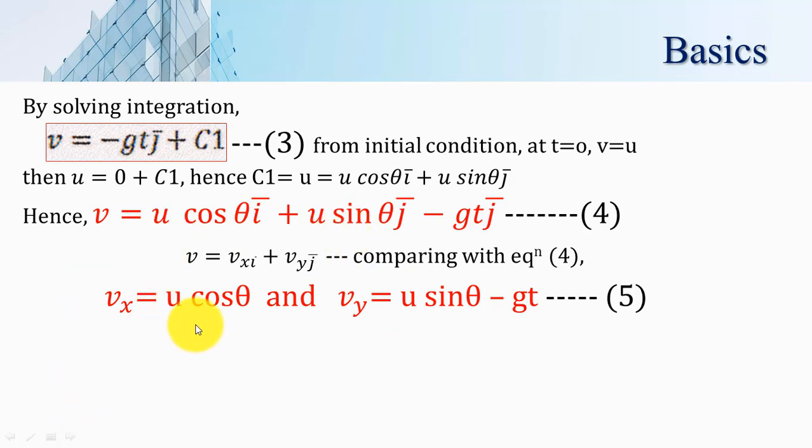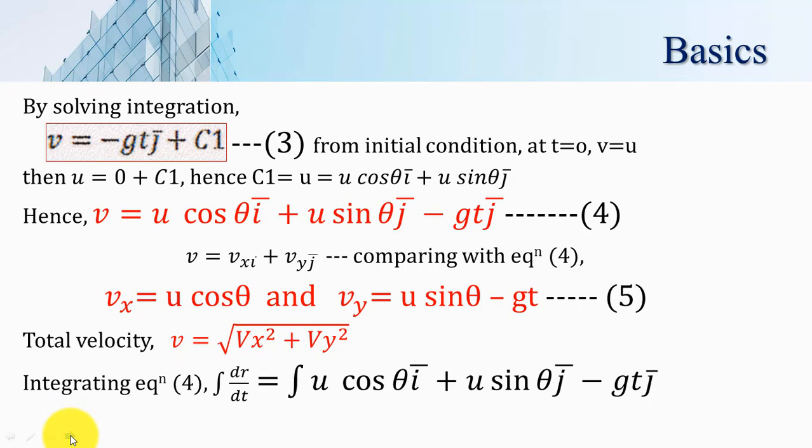Likewise we get the velocity components along the x direction and y direction, and based on these components the total magnitude of the velocity can be found as v equal to the square root of vx squared plus vy squared. After getting velocity, to get the position component, we can integrate this equation, since velocity is the rate of change of position.